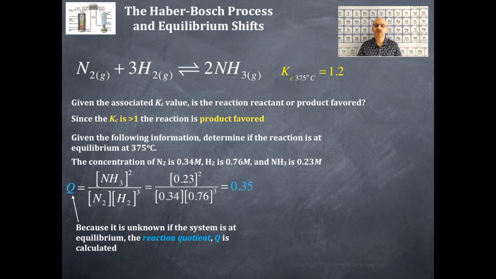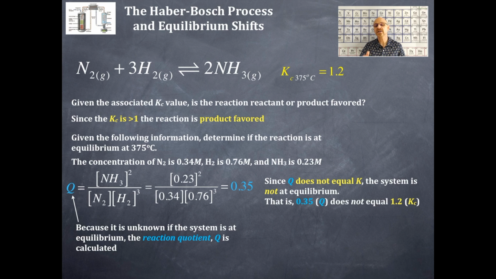Does 0.35 equal 1.2? The answer is no. Since the Q does not equal the K, the system is not at equilibrium. That is, 0.35, the Q, does not equal 1.2, the Kc, which is at equilibrium.